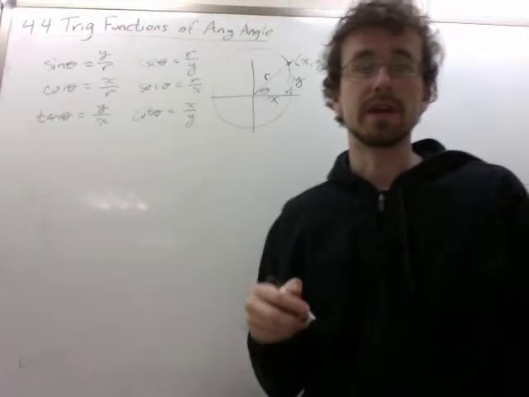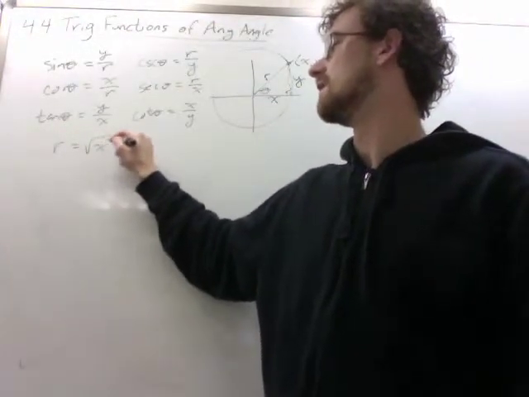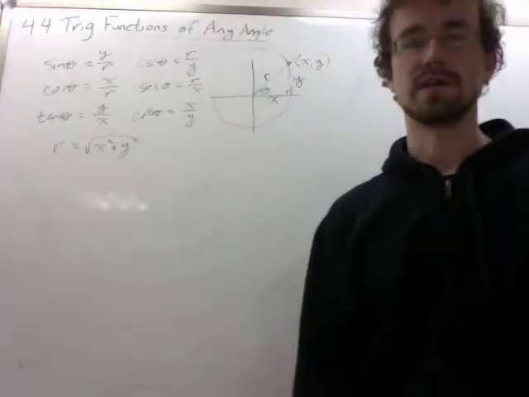And this r, being the hypotenuse of a right triangle, we can say is equal to the square root of x squared plus y squared.